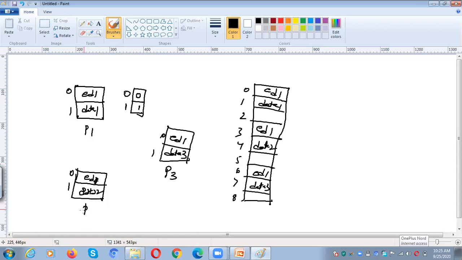So coming to P2, here also we have 2 pages. Where is page 0 of P2 available? In the third frame. Where is data 2 available? Fourth frame. For P3, the sixth frame and the seventh frame.